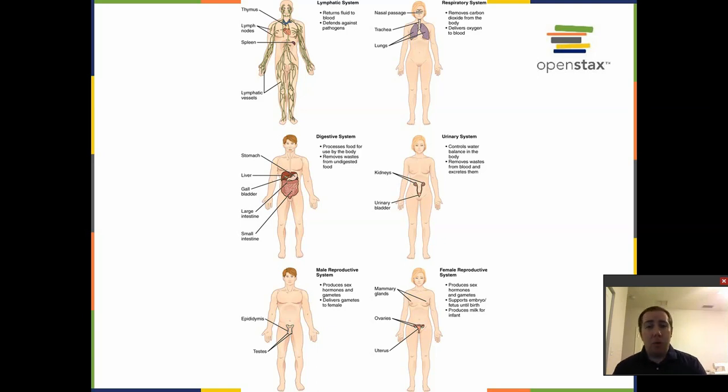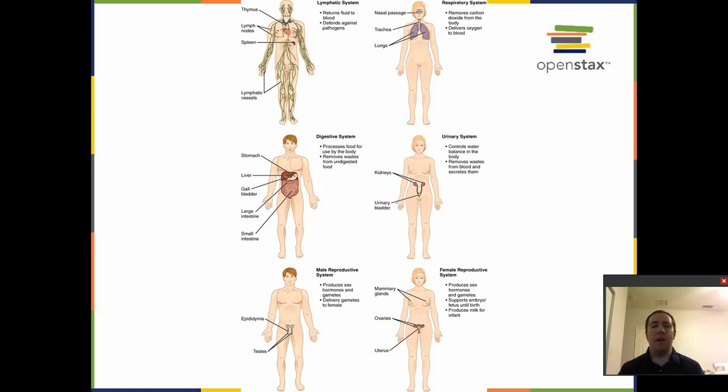Next, we have the respiratory system, which is more or less straightforward. That's your lungs and also everything up here that takes the air down into the lungs. We have the digestive system that you're very familiar with. Urinary system that we talked about before. You might see this also called the renal system. Urinary and renal system are exactly the same, just different words.